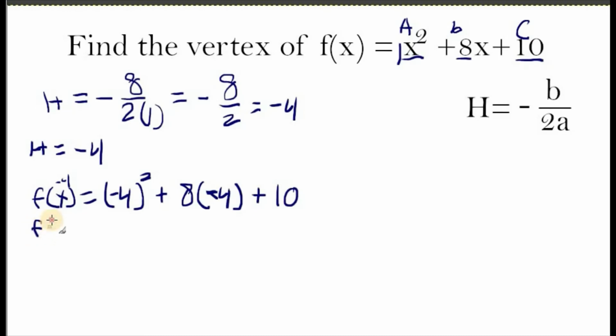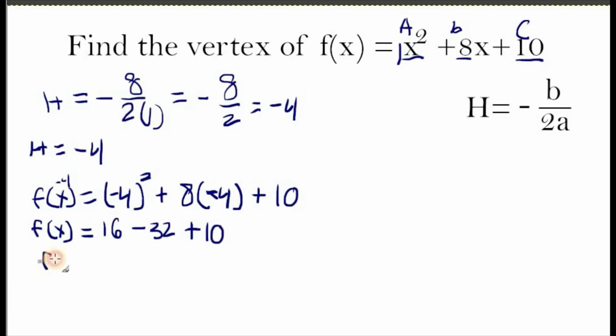We just drop down the f of x is equal to negative 4 squared, which would be negative 4 times negative 4, would be positive 16, plus 8 times negative 4, which would be negative 32, and then plus 10.